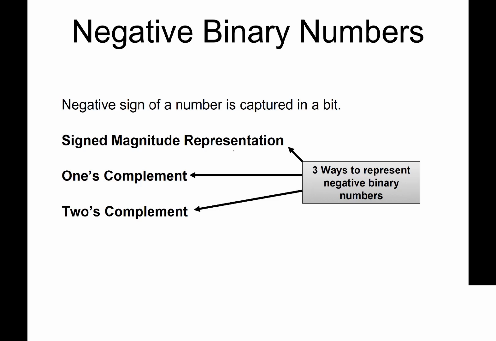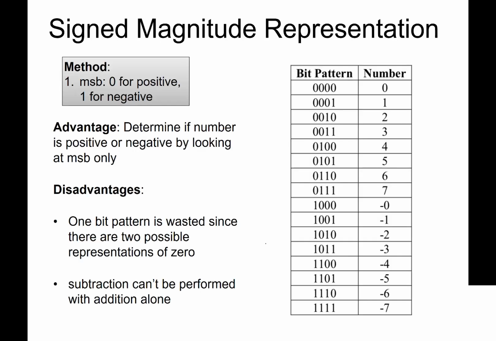And so I'm going to give you the three ways, and then we're going to go through each of these. Basically, there's the signed magnitude representation, 1's complement, and 2's complement. And I just want to go into what these are, because I think once you see what they are, it'll make sense.